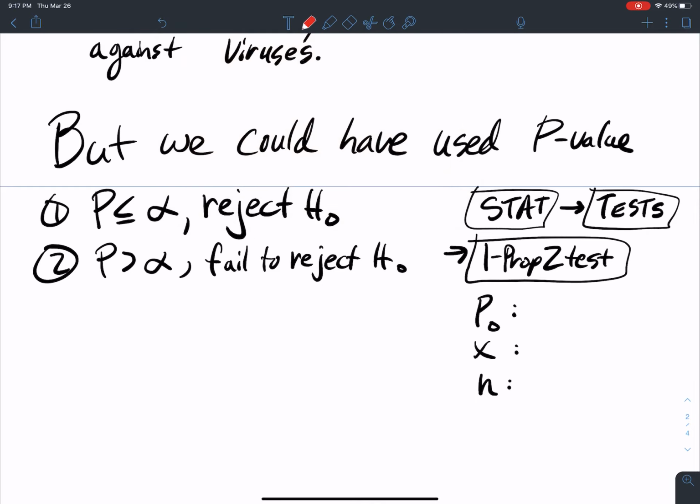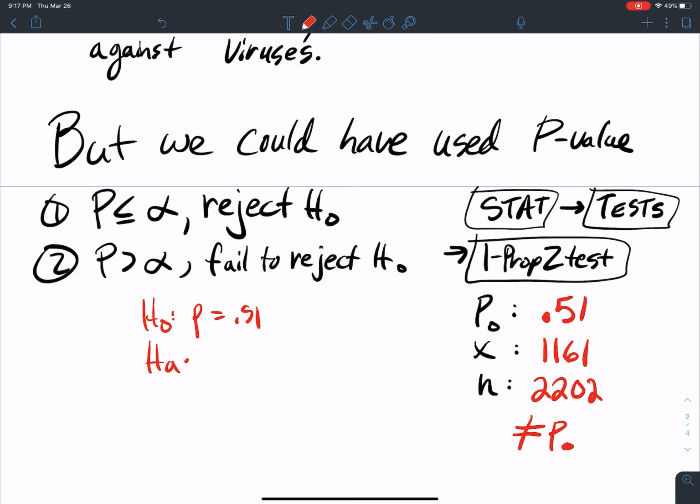For p0, I'm going to put 0.51. For x, I'm going to put 1161. For n, I'm going to put 2202. And I'm going to say not equal to p0, because the H0 was p equal 0.51 and the Ha was a two-tailed test.